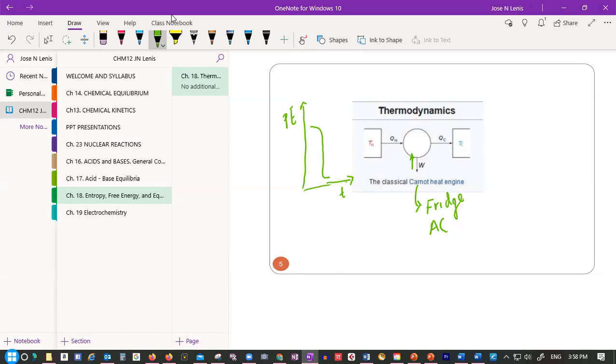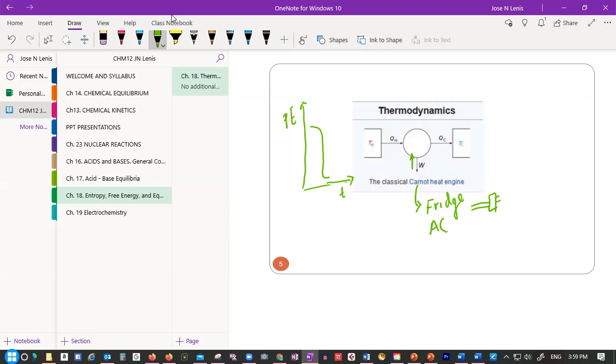What do you need to do so your AC unit or your fridge works? You need to plug it into the power outlet, energy. So you need to give energy. The AC has a pump that compresses the gas, these molecules.